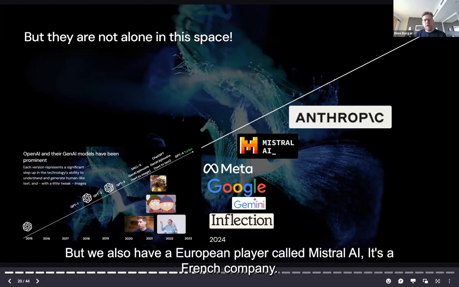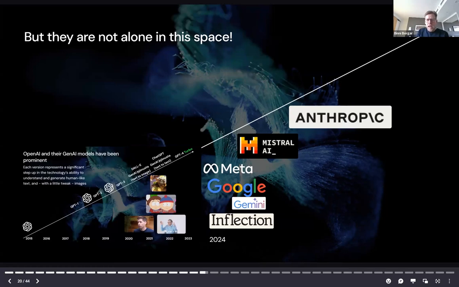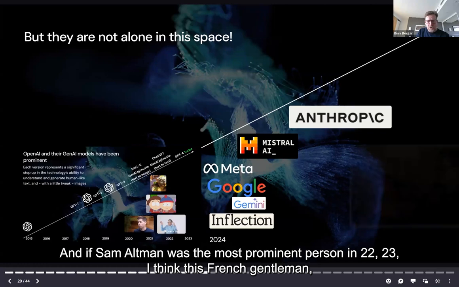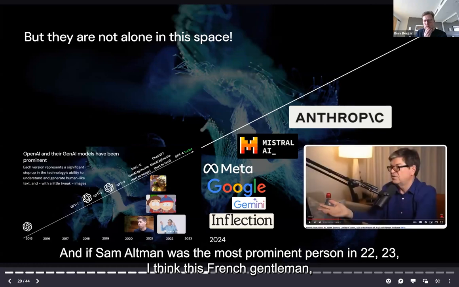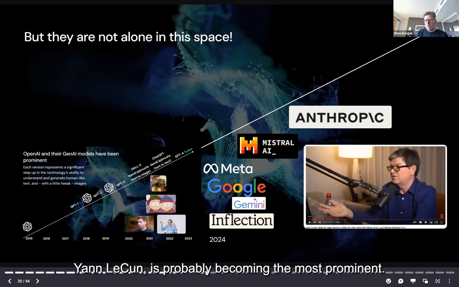But we also have a European player called Mistral AI, a French company. We have smaller American players, Inflection and Anthropic. And if Sam Altman was the most prominent person in 22, 23, I think this French gentleman, Yann LeCun, is probably becoming the most prominent.